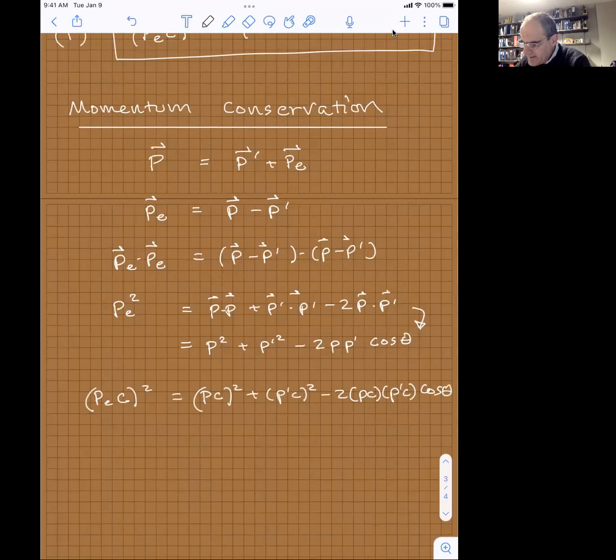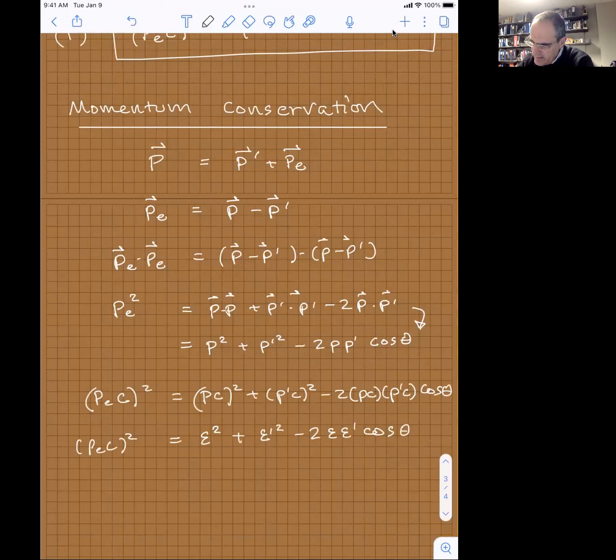And we're doing that because the terms on the right are then the energies of the photon. So this is the initial energy of the photon squared plus the energy of the scattered photon squared minus twice E E prime cosine theta. And on the left-hand side, we have PE c squared.